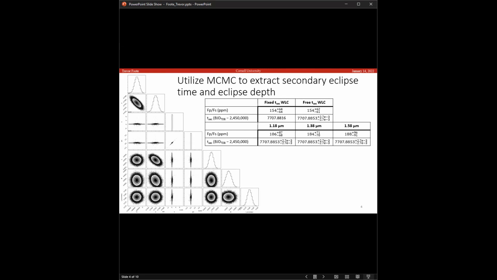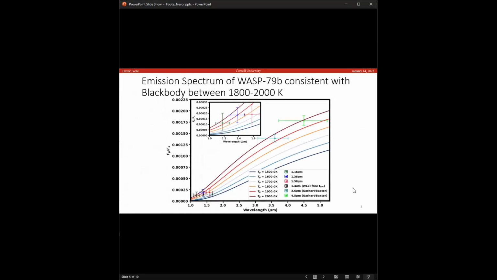Once we have those eclipse depths, we combined our data with the Spitzer data points found in Gerhardt et al. 2020, at 3.6 and 4.5 microns, and tried to see what we could say about this planet and its atmosphere. The first thing we looked at was its temperature, and it seems to be consistent with existing literature of black body between 1800 and 2000 Kelvin.